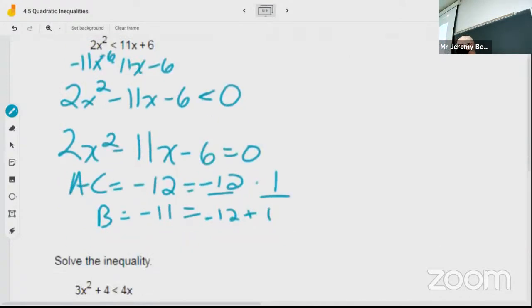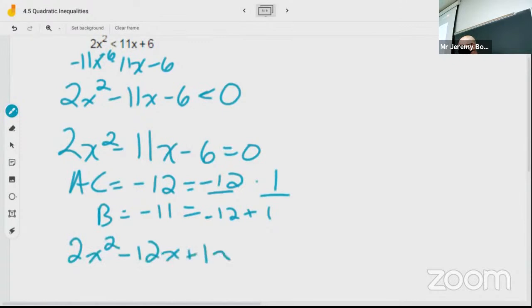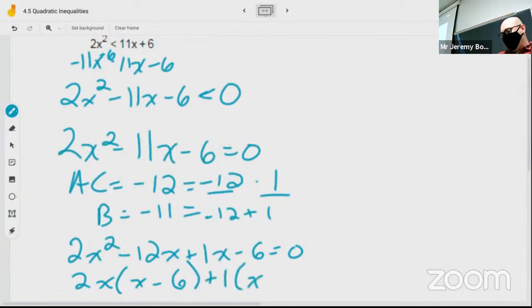And so we're going to rewrite that as 2x squared minus 12x plus 1x minus 6. And then we're going to factor it by grouping. What can we factor out of 2x squared minus 12x? 2x. And we're going to have x minus 6. And we already got an x minus 6, so let's just put a positive 1.